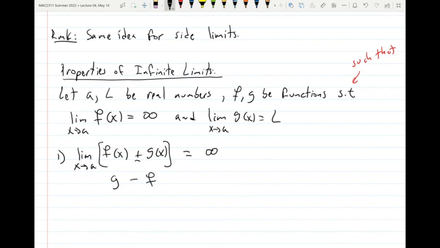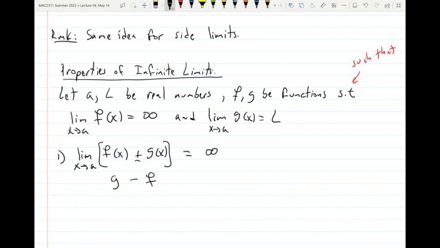Now we have a number minus infinity. Now here several things matter. If the L here is positive, if G gets close to a positive number and F goes to positive infinity, what will be this difference? Negative infinity, because 5 minus a million is going to be a negative number. So the answer will be negative infinity.